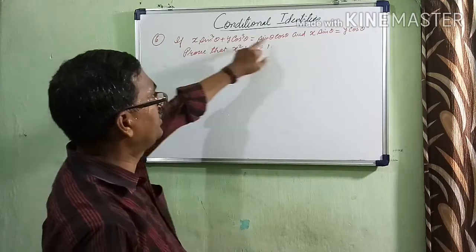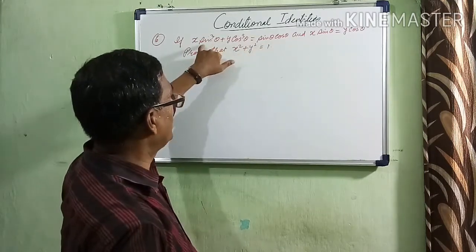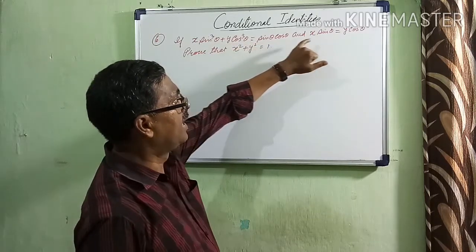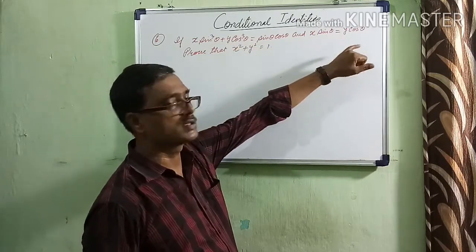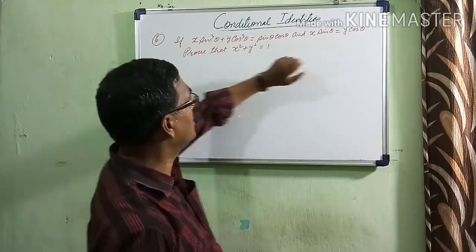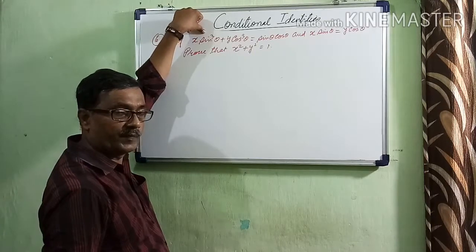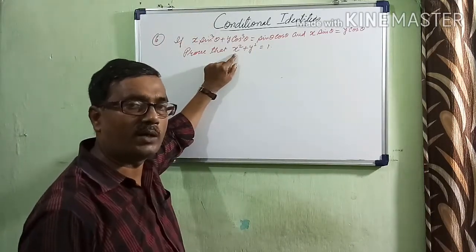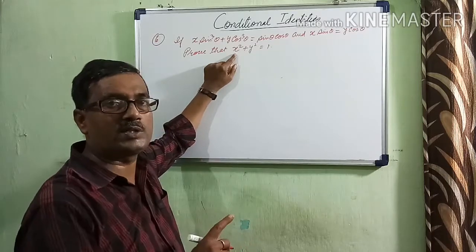Here also we have two equations. One is x sine cube theta plus y cos cube theta is equal to sine theta cos theta, and x sine theta is equal to y cos theta, another equation. I will take the help of these equations in order to simplify. In fact, we are going to find out the value of x and y with the help of these two equations.